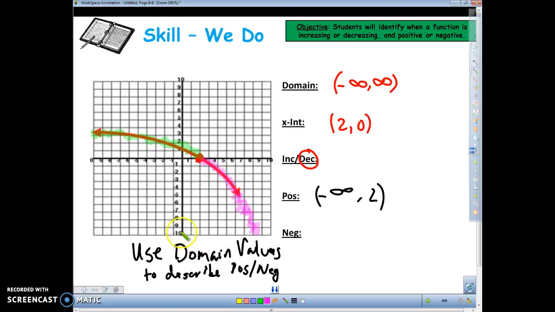Well, what domain values describe this? Starting at 2, all the way to infinity, it is negative. So we're going to say from 2 to positive infinity. Okay, easy enough, right? Muy fácil.